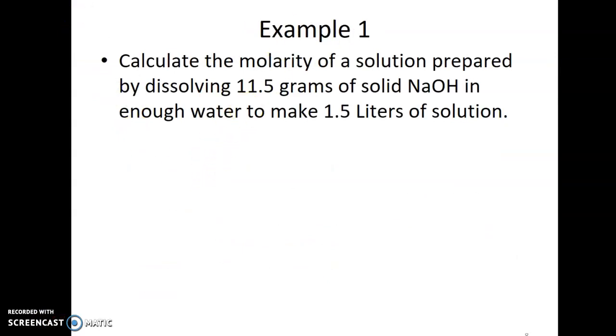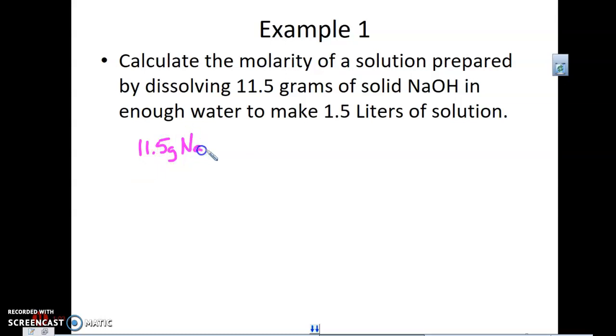Okay, so let's just do a couple of problems here. If I want to calculate the molarity of a solution prepared by dissolving 11.5 grams of solid NaOH, what I'm going to need to do is convert this to moles. So you're going to want to take a second to dig up your periodic table and find out what 1 mole of sodium hydroxide weighs.